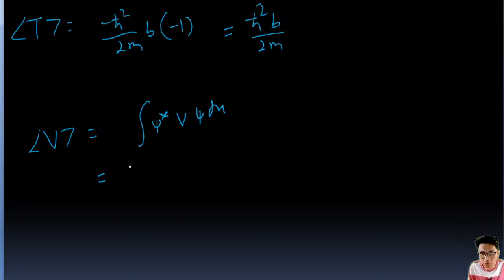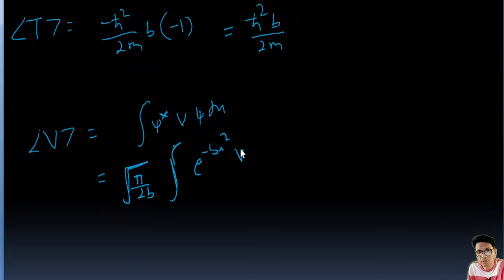This is going to be root pi upon 2b, value of a square, and we'll put the value, so it is e to the power minus b x square.